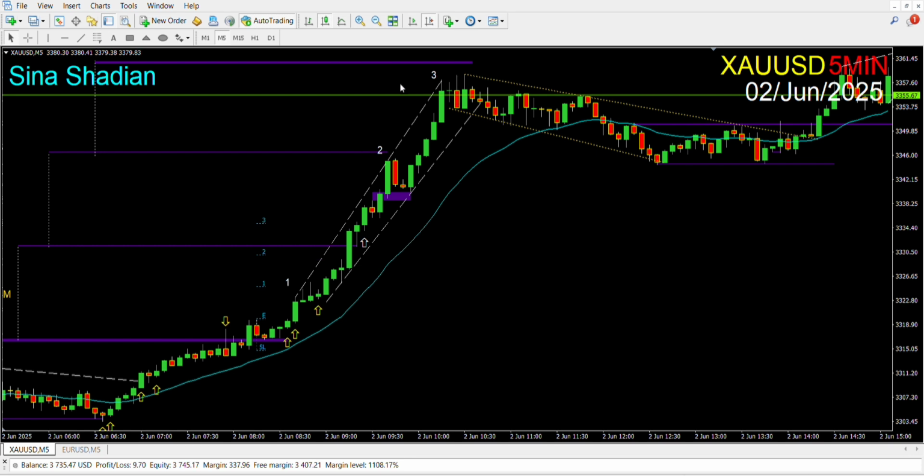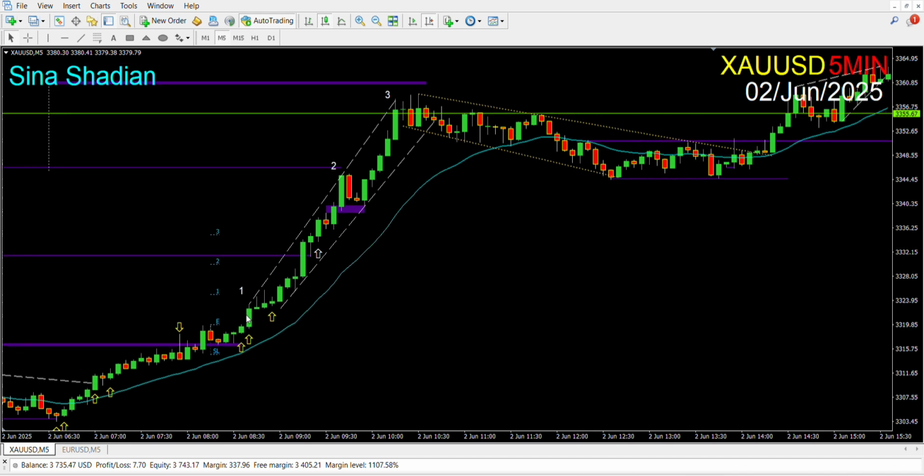And after the third touch, it breaks from the downside. So this one is the first leg, and then another leg, the second leg here. And after a spike and channel, market enters into another trading range.